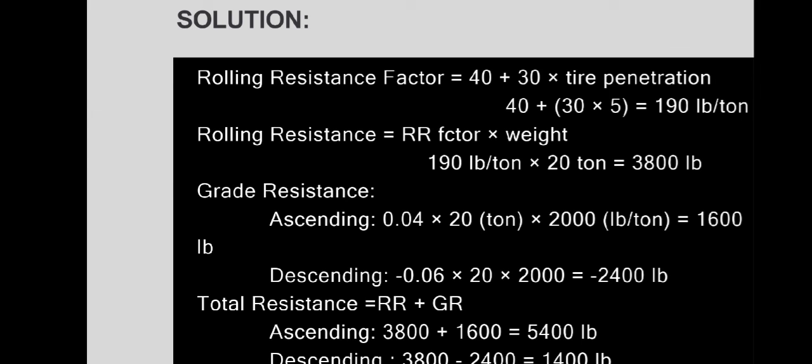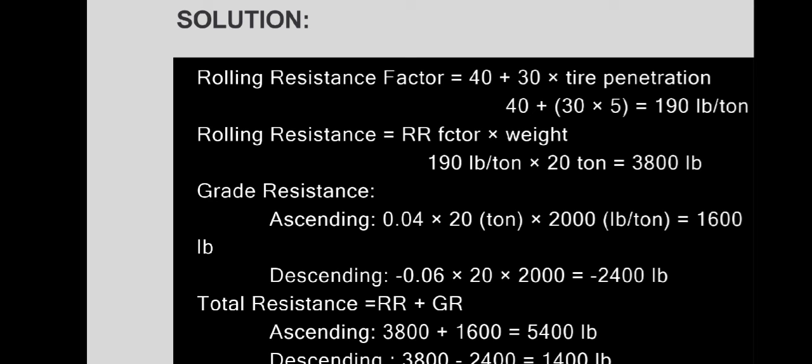The grade resistance going uphill is equivalent to 0.04 times 20 tons times 2,000 pounds per ton. 0.04 is the ascending slope, while the 20 tons is the tractor weight and 2,000 is the constant.